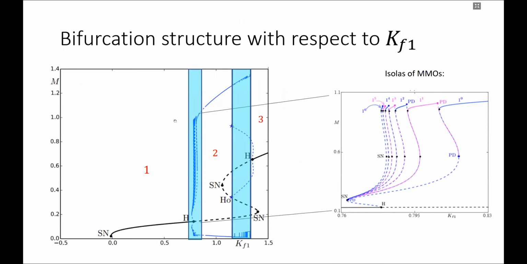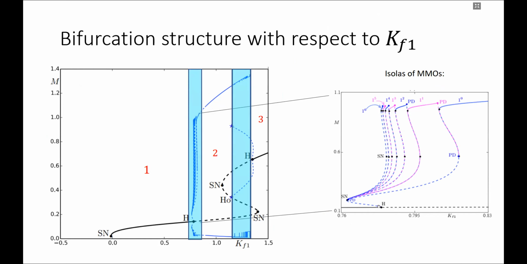Now, if we take a closer look at the isolas that I mentioned earlier, we can see them plotted here. We can see that the first isola, which is closer to the Hopf bifurcation, corresponds to an MMO with one large amplitude and one small amplitude oscillation. The second isola corresponds to one large amplitude, two small amplitude oscillations, and so on.